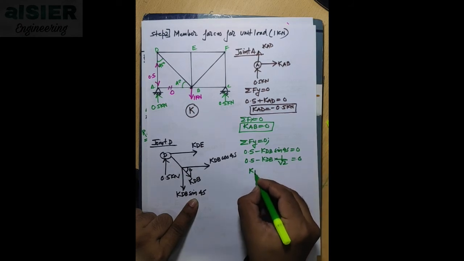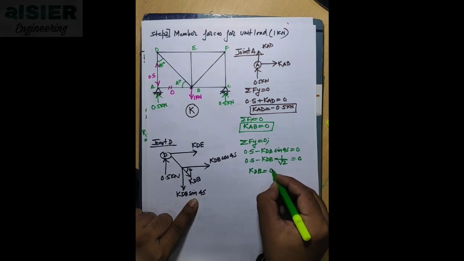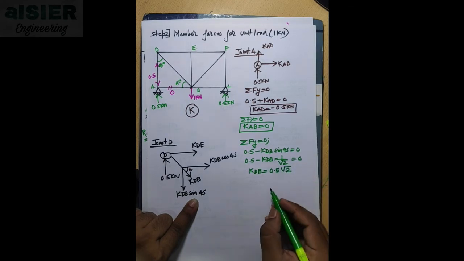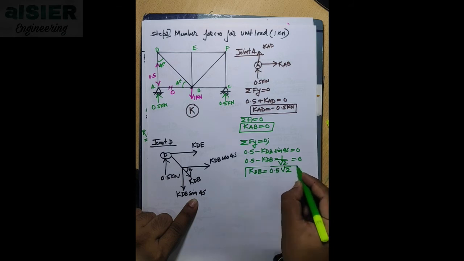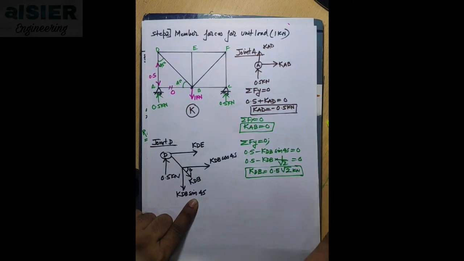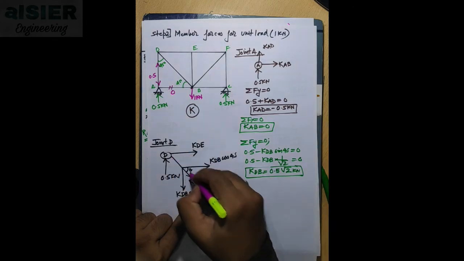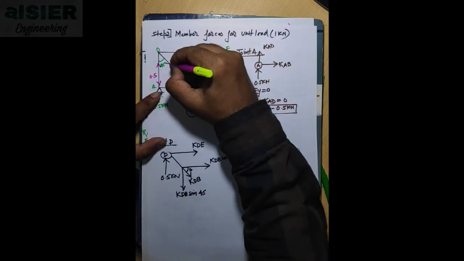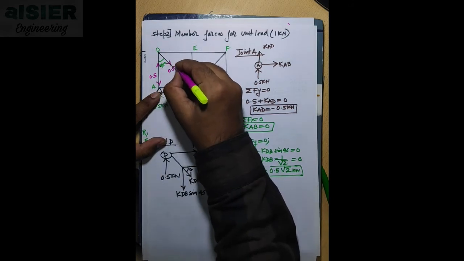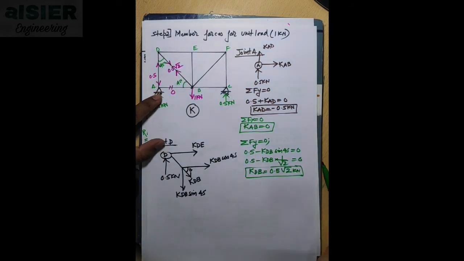Therefore we will get KDB is equals to 0.5 root 2, right? Kilonewton. Now this plus sign indicates that our assumption was correct, that this force is away from joint. So we will mark it like this, away from joint, and we will write down here 0.5 root 2.